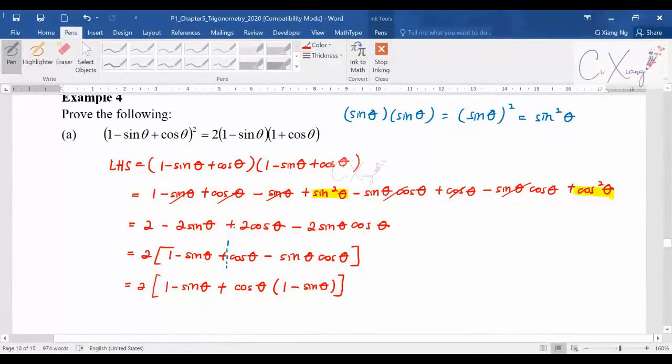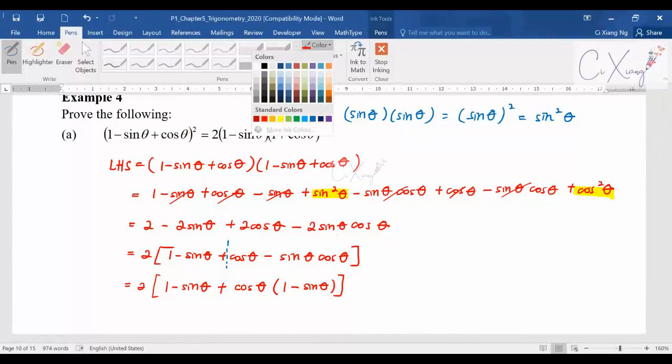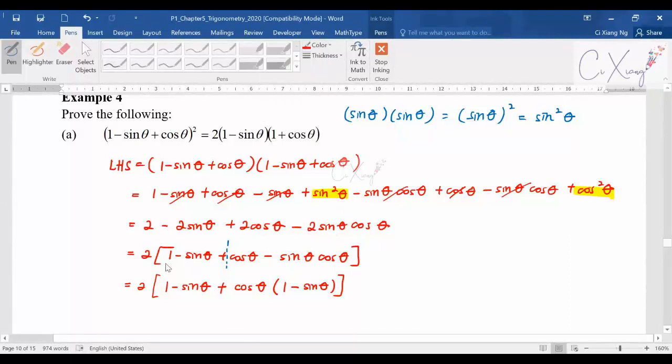Okay, and then after that, if you look at this whole thing again, I will put the bracket here. This is 1 minus sine theta. And then you will see that at the end part here, you're also having 1 minus sine theta. I don't know whether you can see it clearly or not.